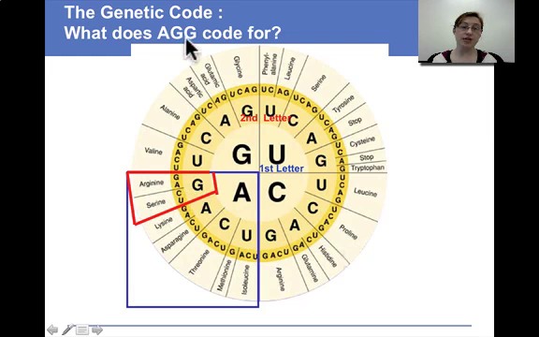We need to know that third letter in order to determine what the exact amino acid is. So A, G, G, and that's going to tell us that our amino acid here is arginine. So the first ring is the first letter, the second is the second letter, and the third ring is for your third letter. When you look at all 3 of these bases, it's going to point to what the amino acid is. It takes a little time to get used to this one, but let's do some practice.